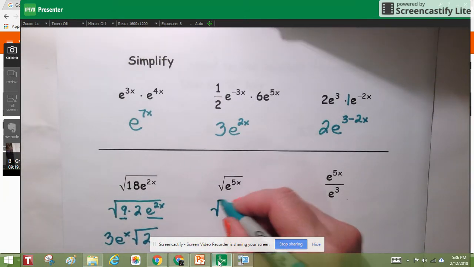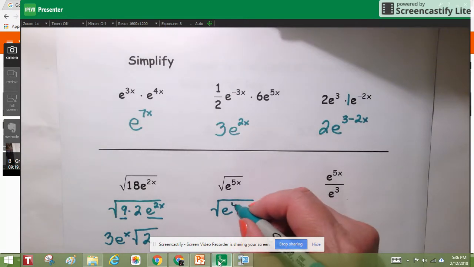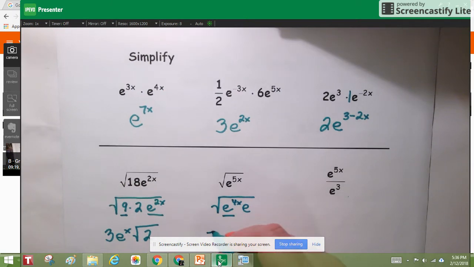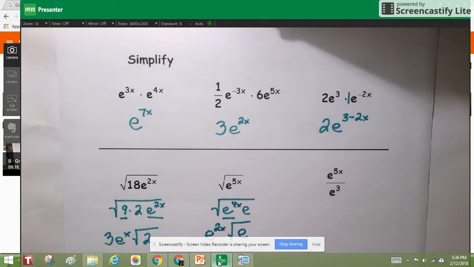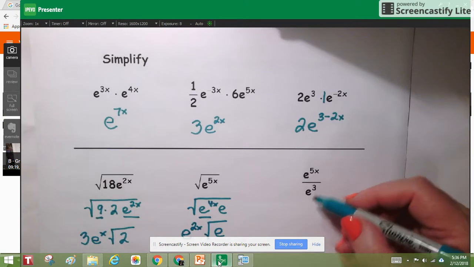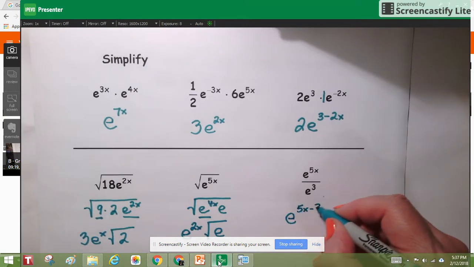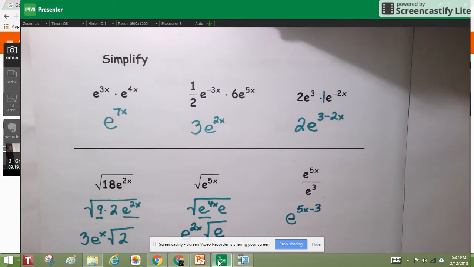I can break up e to the 5x as e to the 4x times e. e to the 4x is a perfect square, so I can take this out as e to the 2x times the square root of e. And here when I'm dividing, I'm going to subtract my exponents. Again, they are unlike terms, so I'm just going to leave it as e to the 5x minus 3.